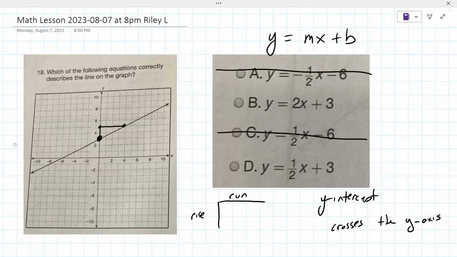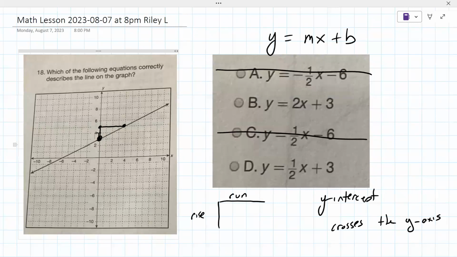How many to the right are you going? If you have the book in front of you, two, one, and two. So you're going up 1 from 3 to 4, like you're just counting squares.